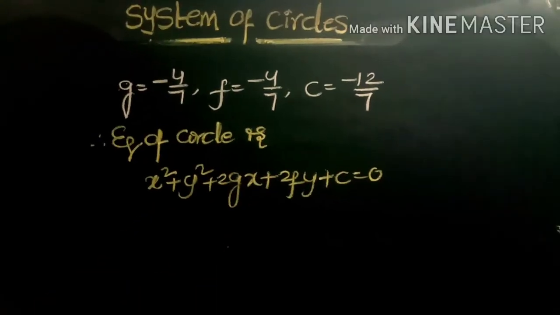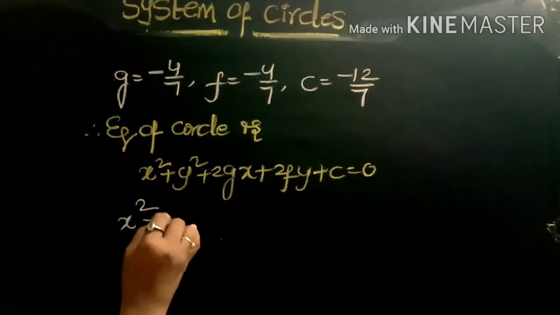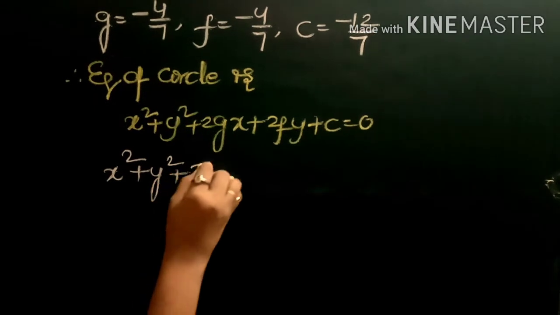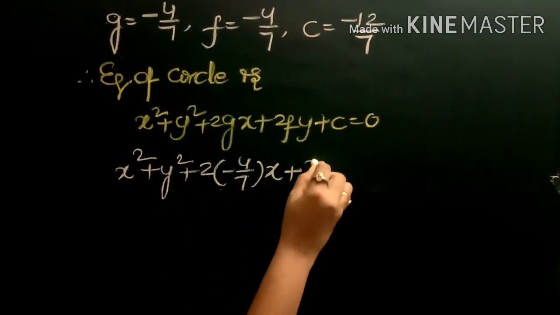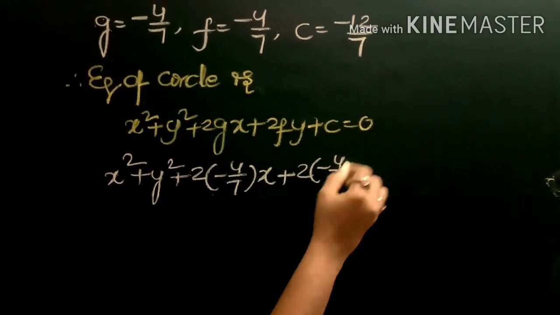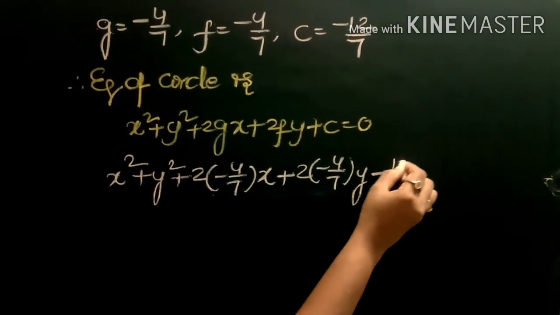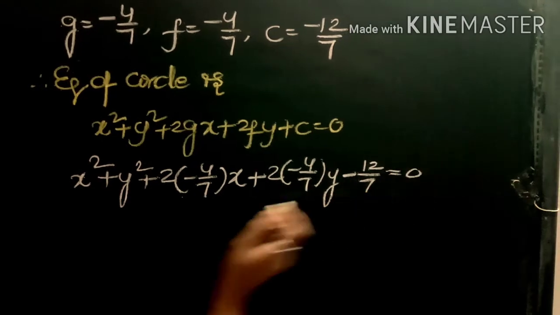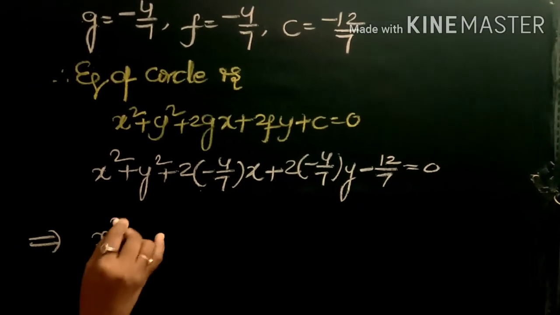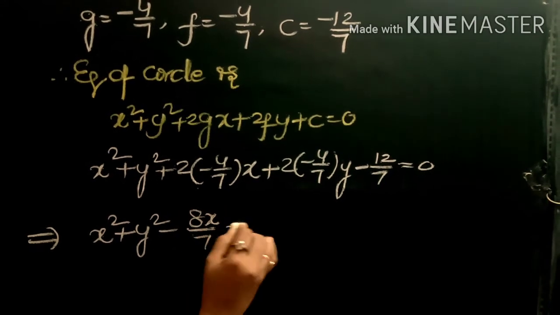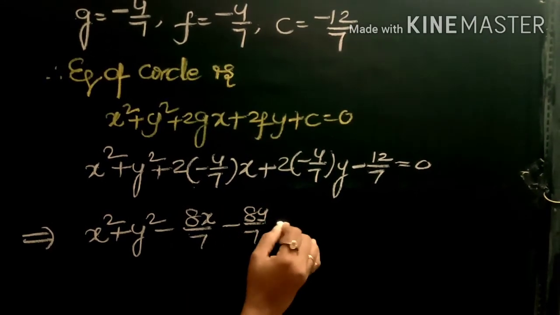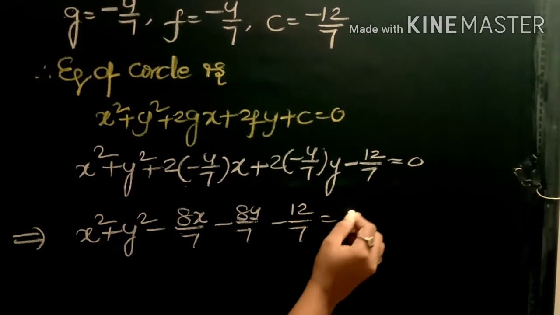Now substituting these three values in the circle equation: x square plus y square plus 2 into minus 4 by 7 into x plus 2 into minus 4 by 7 into y minus 12 by 7 equal to 0. That is x square plus y square minus 8x by 7 minus 8y by 7 minus 12 by 7 equal to 0.